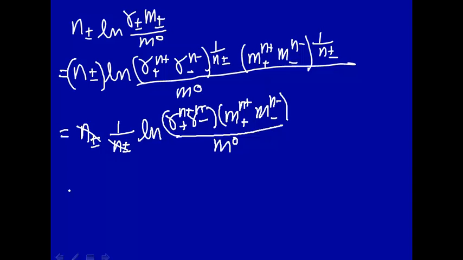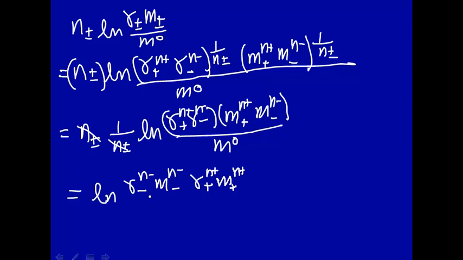Oh, how convenient. So what we're left with, let me rewrite this, is natural log of gamma minus raised to the n minus, m minus raised to the n minus, gamma plus raised to the n plus, m plus raised to the n plus power.